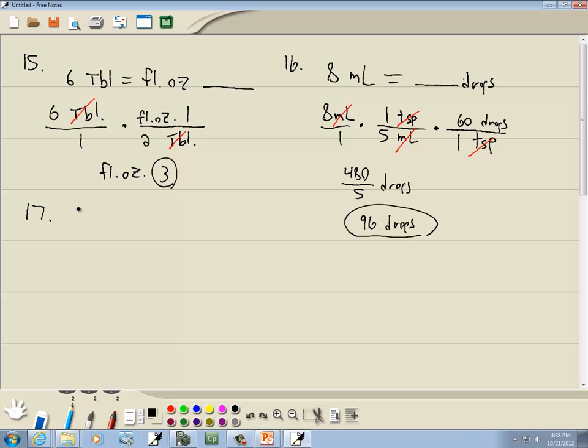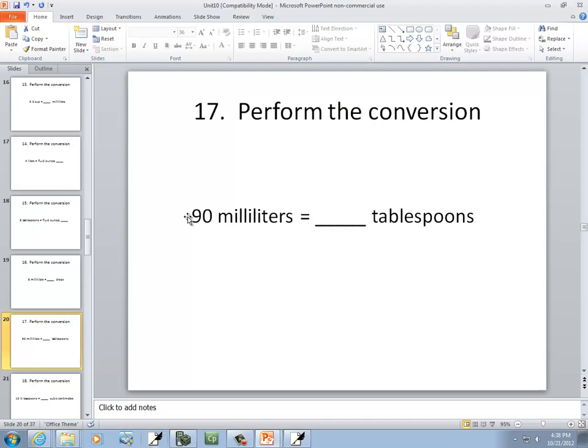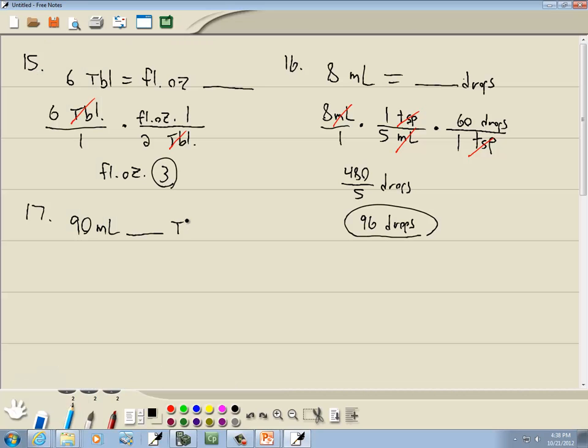Got 90 milliliters. To me, these are kind of fun. Just looking them up in the table and finding some kind of connection between them. 90 milliliters equals blank tablespoons. Well, if milliliters is up there, then milliliters down here.